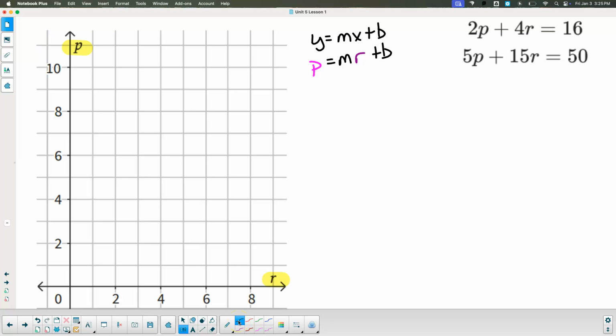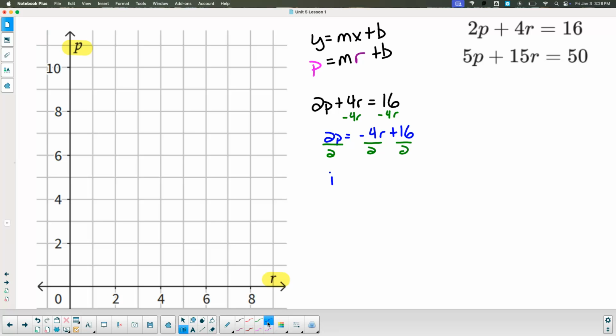If I do that, then I would go 2P plus 4R equals 16. I want to solve for P, so the first thing I'm going to do is subtract 4R. That's going to give me 2P equals negative 4R plus 16. Then I'm going to divide everywhere by 2.